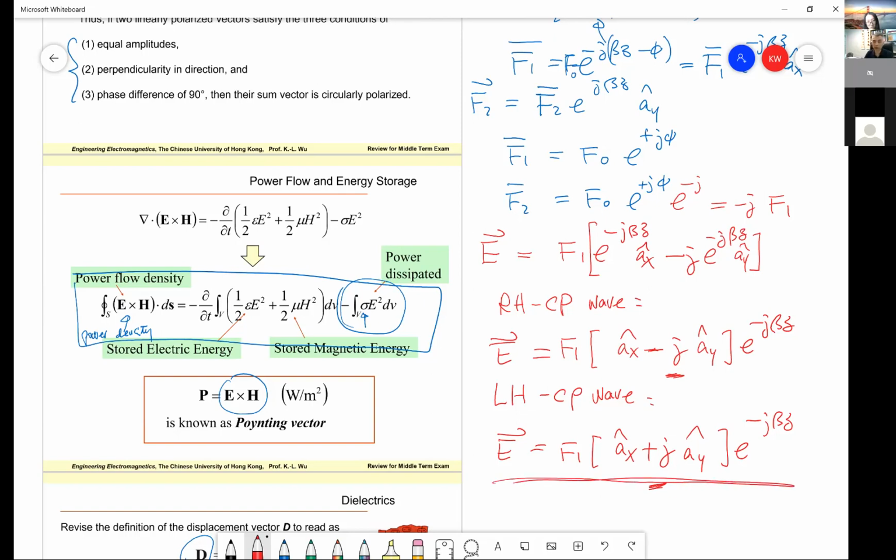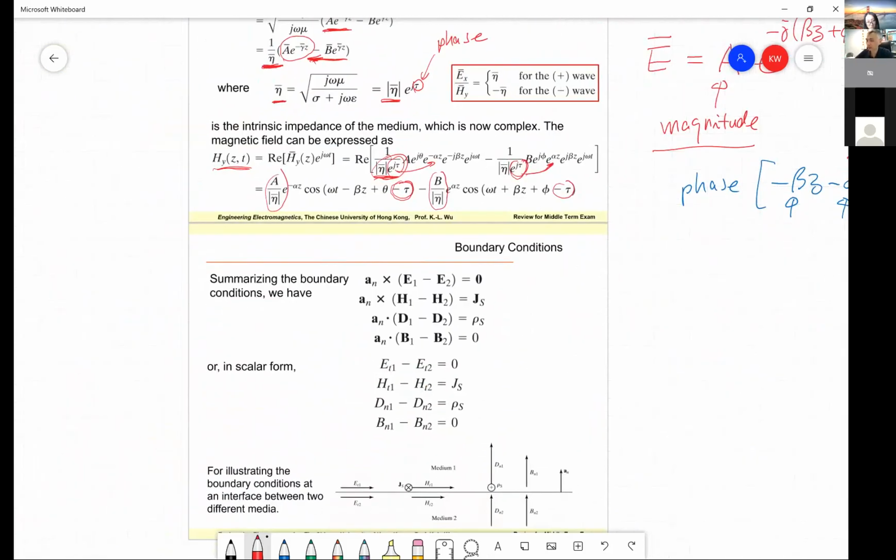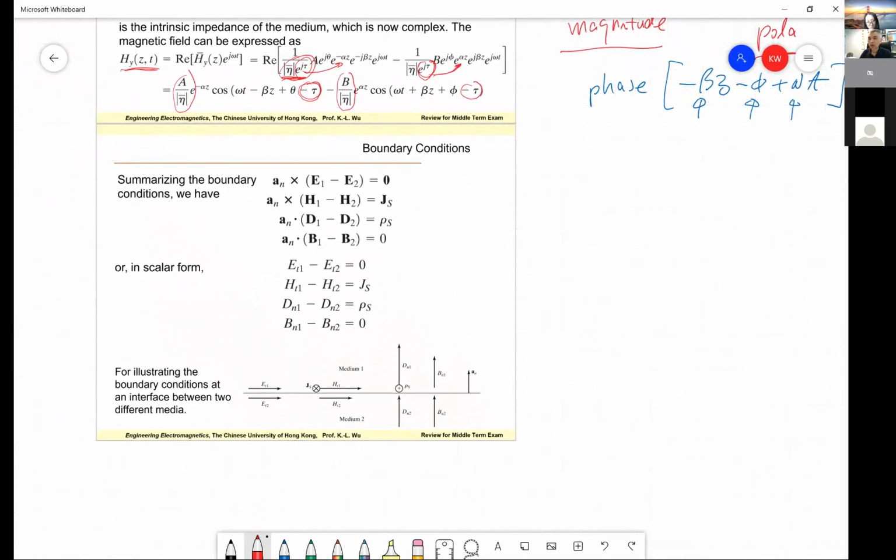Then the very last page of our review is the boundary condition. The boundary condition tells us the relationship between the fields next to the common boundary of two mediums.